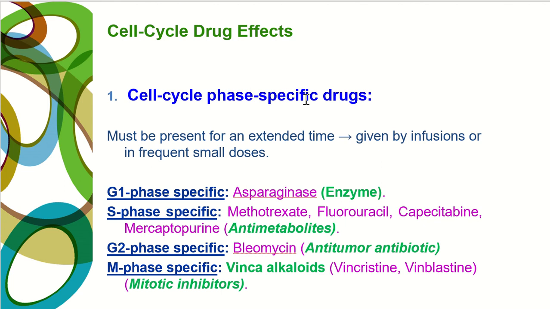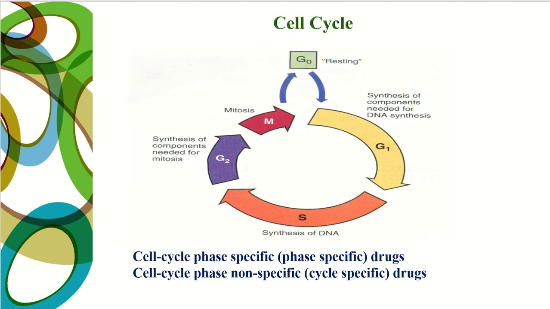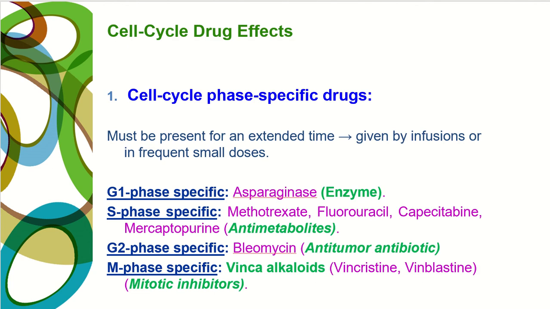The cell cycle phase specific drugs must be present for an extended time. They're given by infusions or infrequent small doses. So based on our cell cycle here, we're looking at the different phases, and for G1 phase specific drugs, we have an enzyme, asparaginase.